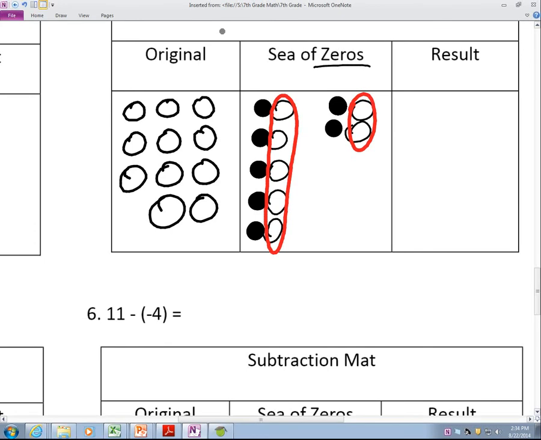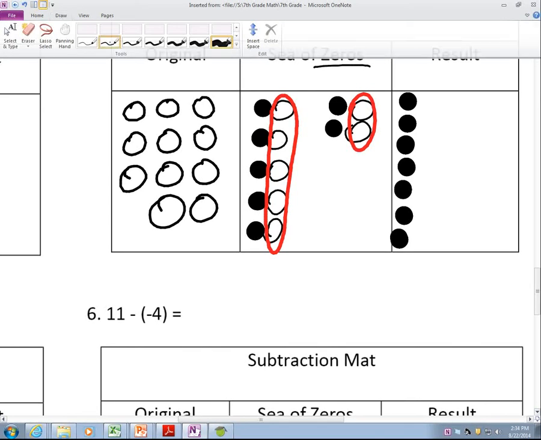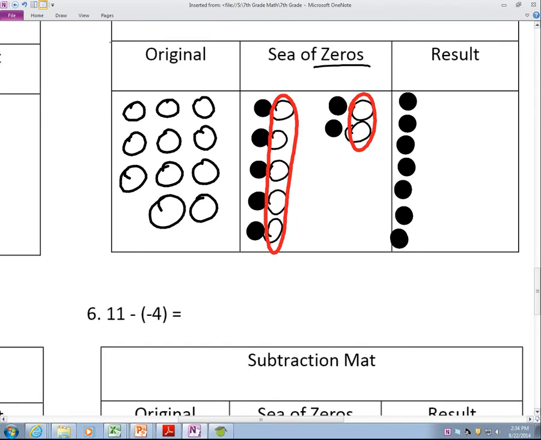If those are gone, what does that leave us? How many positives come over here? Max? 7. So I'm going to make 7. 1, 2, 3, 4, 5, 6, 7. You are supposed to have yours exactly like mine. Because there are 7 positives that carried over. We're not done yet.